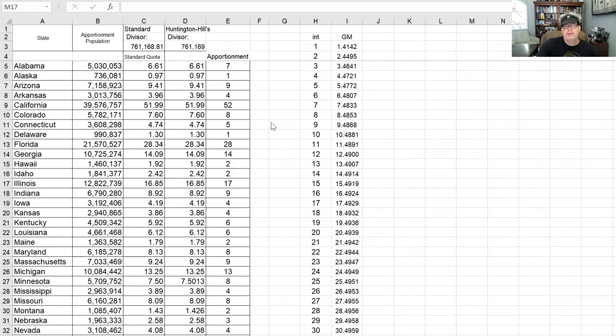We're going to round using the geometric mean of consecutive numbers instead. So if the floor of the standard quota, in other words the lower quota, is 6, look at the geometric mean of 6 and then the next integer 7, and of course I have that here. So the geometric mean is the product 6 times 7 square rooted.